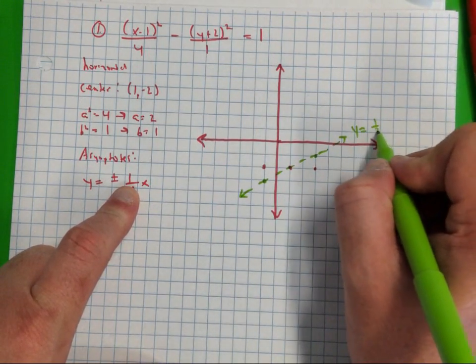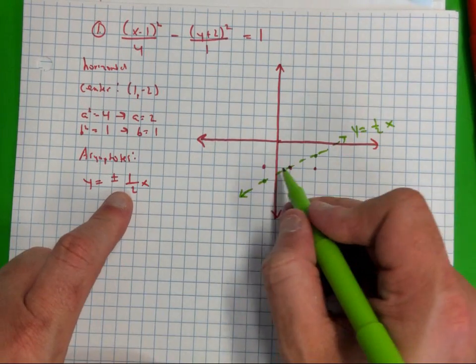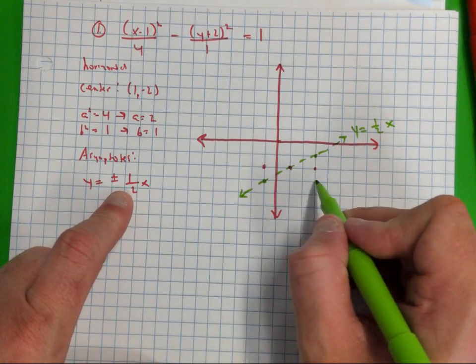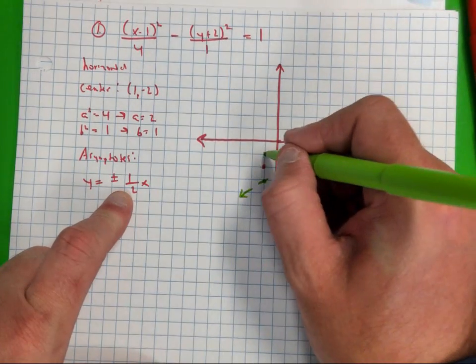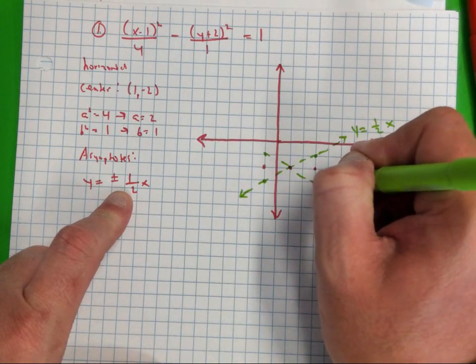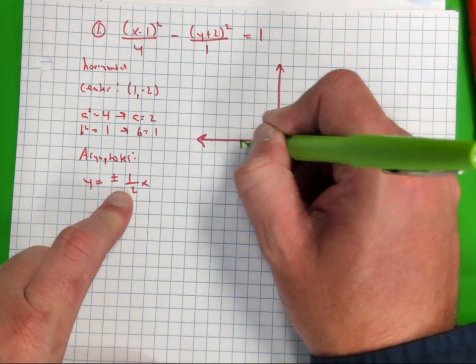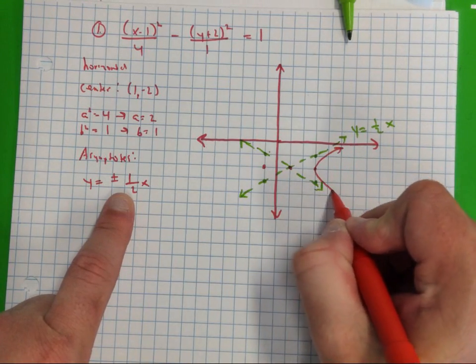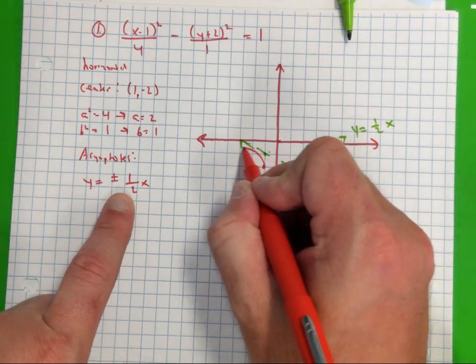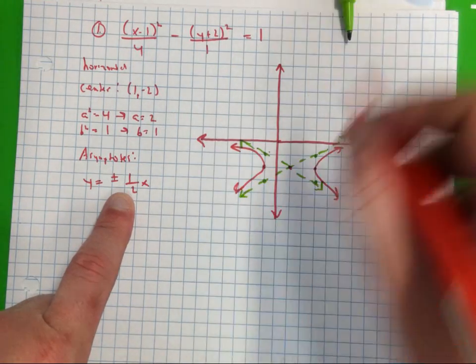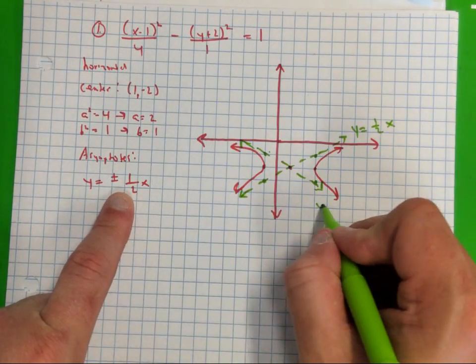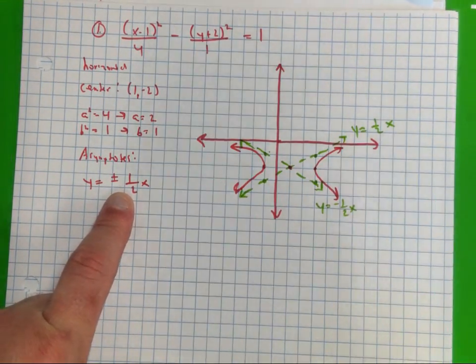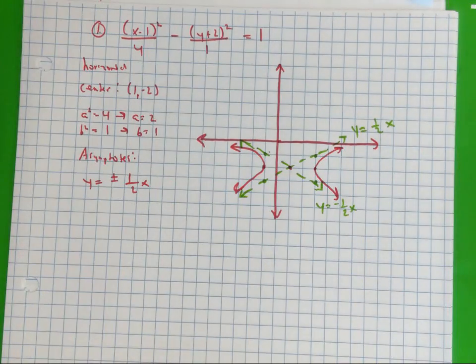Label it. Next one, go down 1 over 2. And then draw your curves. Make sure you label your asymptotes tomorrow. So this is y equals negative 1/2 x. Okay?